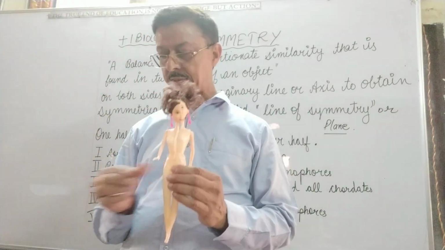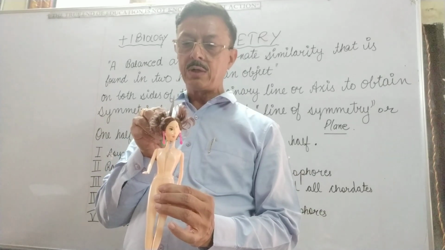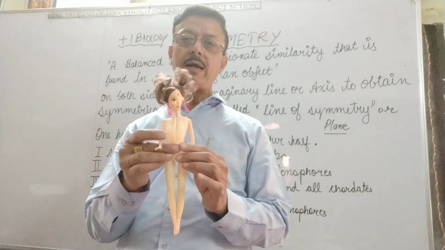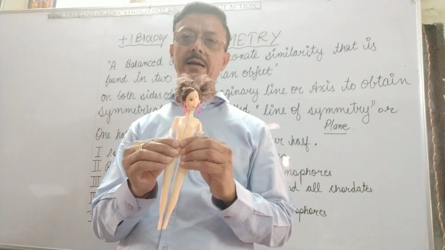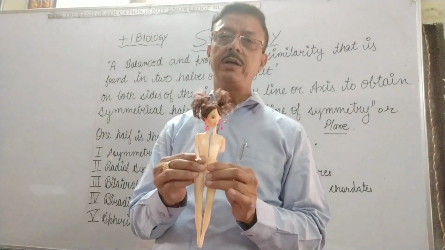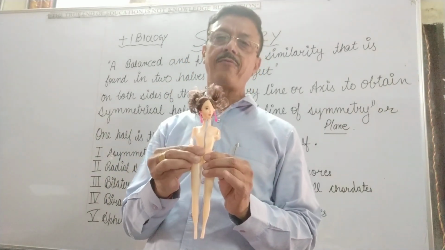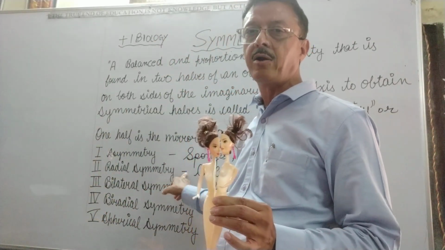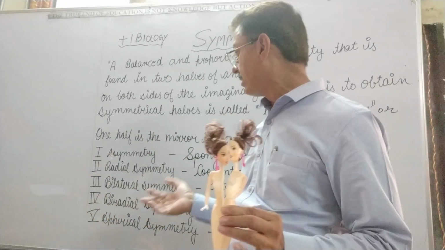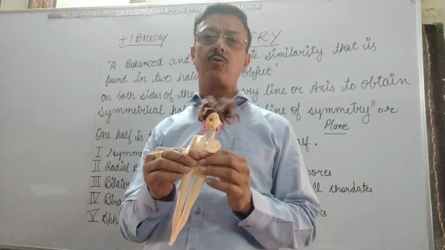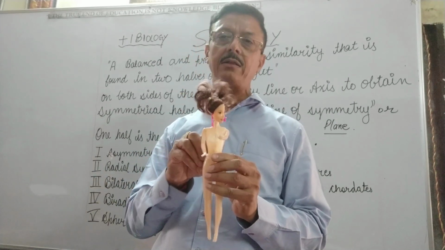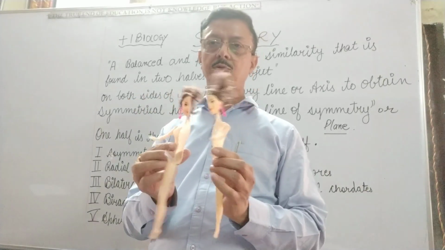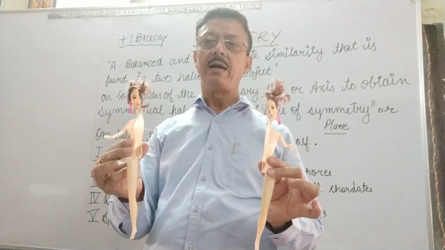When we cut this doll vertically, in the median plane passing through the center, we cut the body into exactly two equal halves, right and left. In radial symmetry, we cannot get a right half or left half, but in bilateral symmetry we get two exactly equal halves, that is, right half and left half.